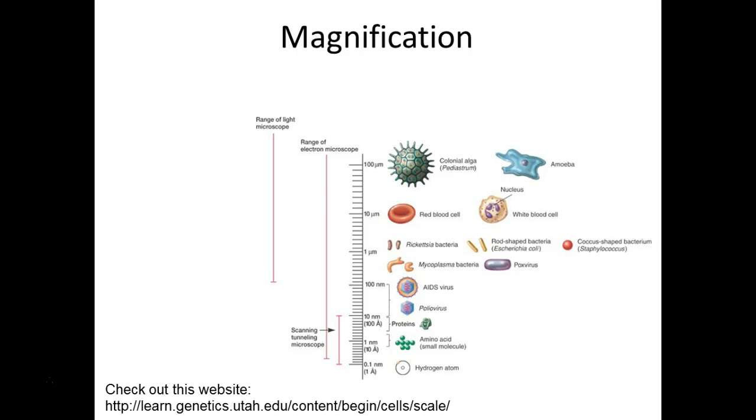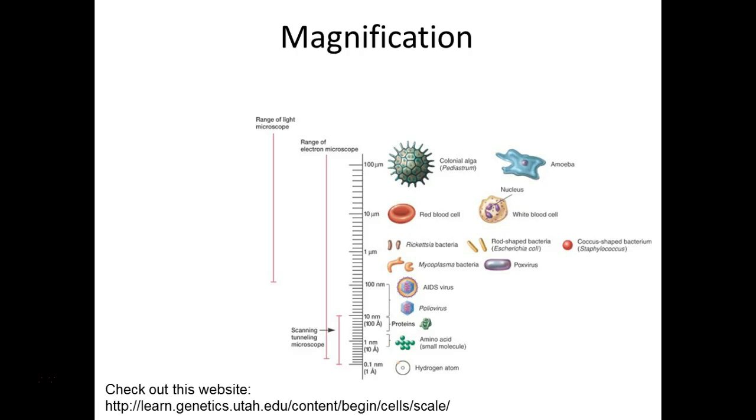It wasn't until the advent of the electron microscope that we could see much smaller things like viruses. Viruses you're not going to see with a light microscope. But we could see bacteria, as we do in the microbiology lab, and large eukaryotic organisms like amoeba, and even our own red blood cells and white blood cells.